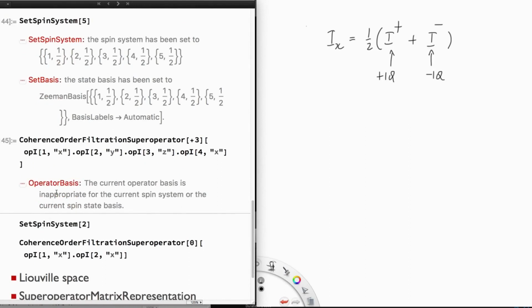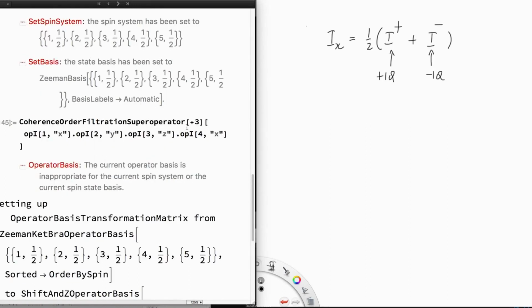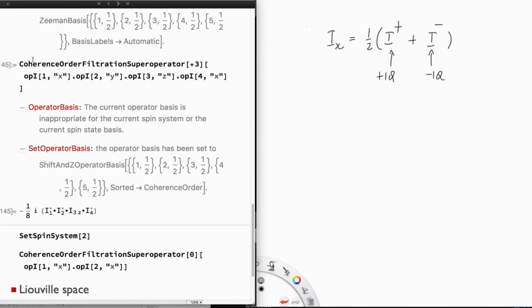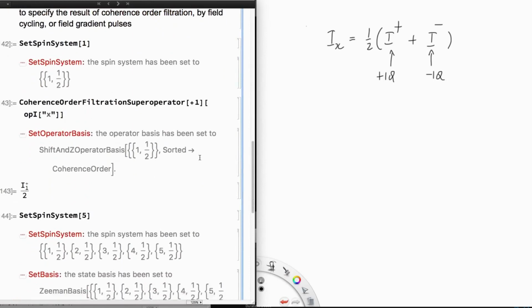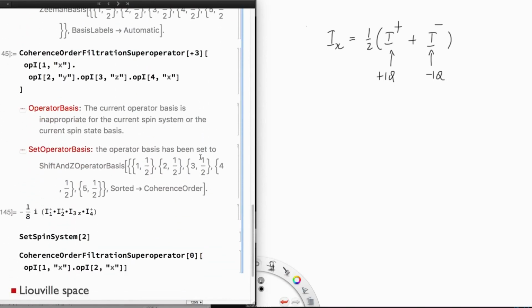Actually, what SpinDynamica is doing now is it has to set up some mathematics for the Liouville space of this 5-spin system. It's finished its calculation, and here it's picked out the 3 quantum part of that operator, some complicated product operator. It contains in there some I1 plus, I2 plus, I3z, I4 plus, multiplied by a complex factor of -1/8 i. The coherence order filtration superoperator will also work if you ask it to filter out more than one coherence order.